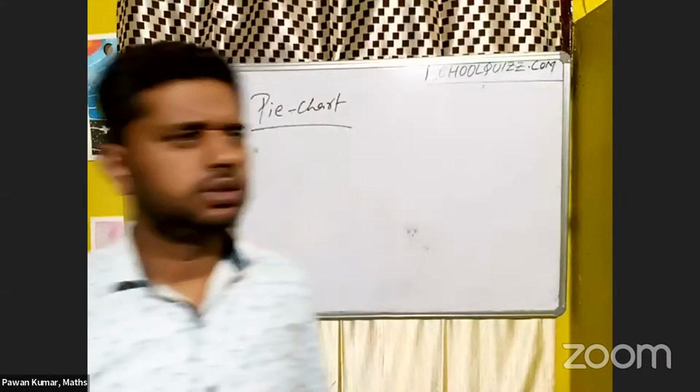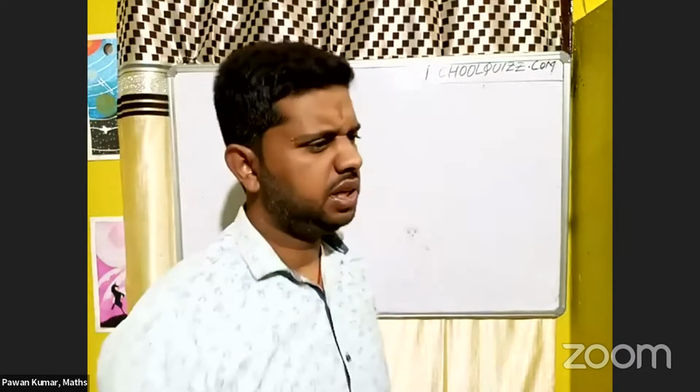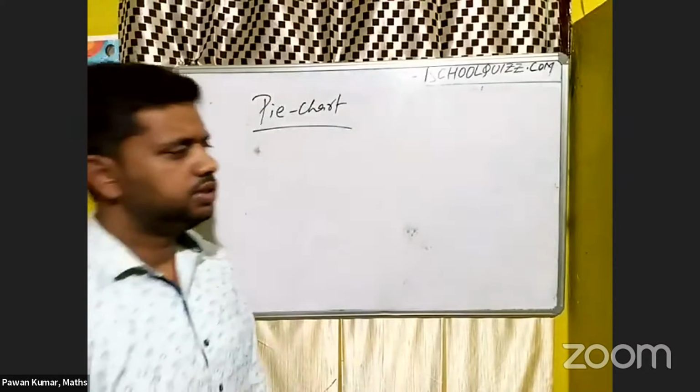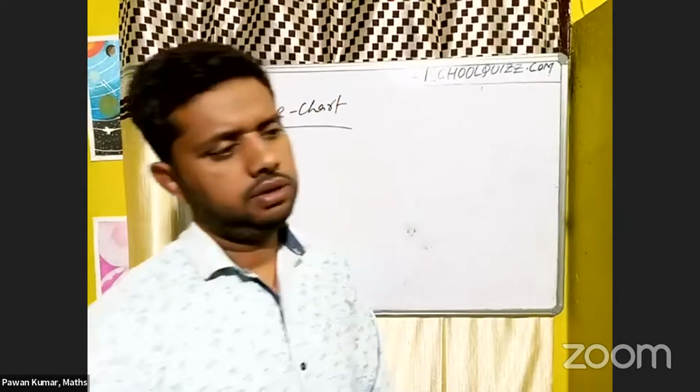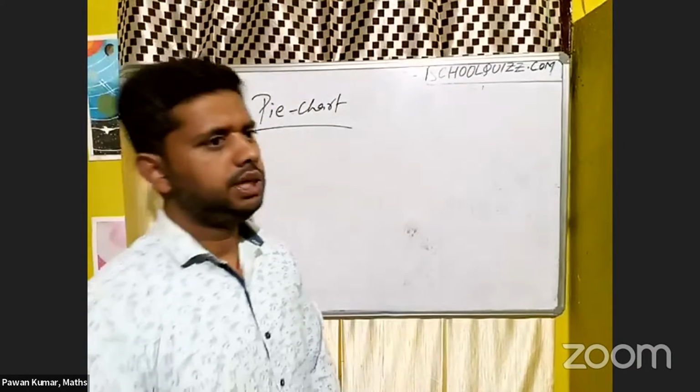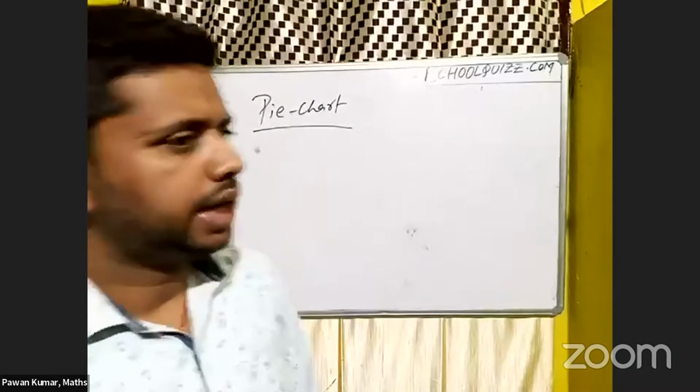Sir, visualizing solid shapes, types of questions. Types of questions in visualizing solid shapes. Basically, they will ask what the figures will be from the top view, front view, side view, like that.